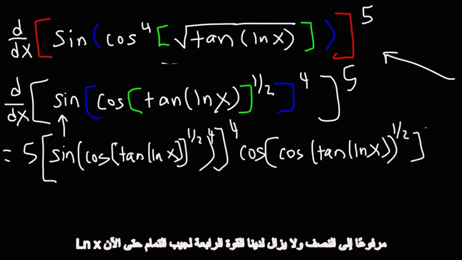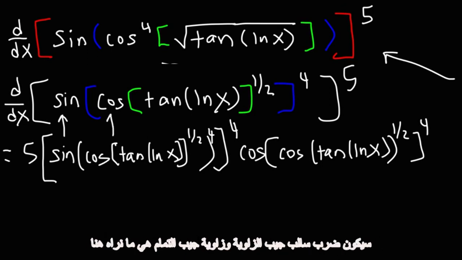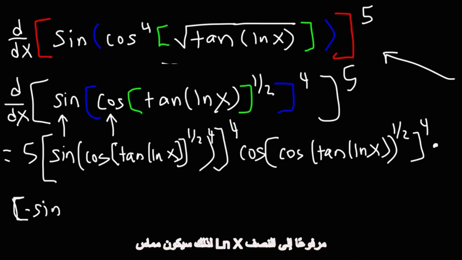And we still have the 4th power for cosine. So now we're done with sine. We need to move on to cosine now. The derivative of cosine is going to be times negative sine. And the angle for cosine is what we see here. So that's going to be tangent ln x raised to the 1/2.